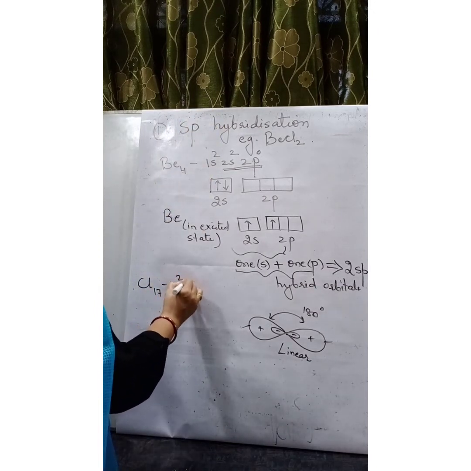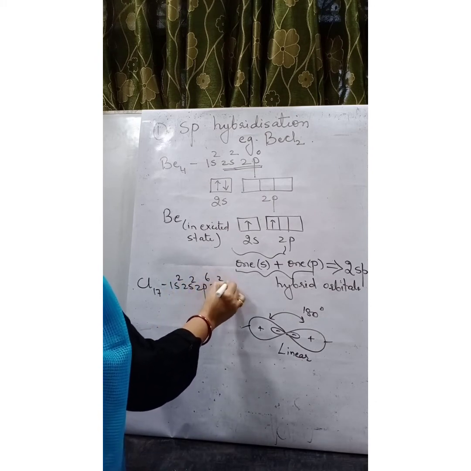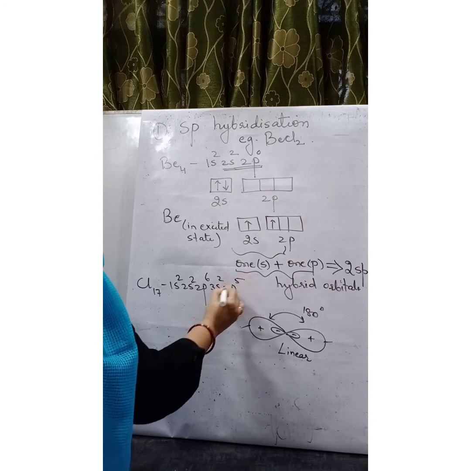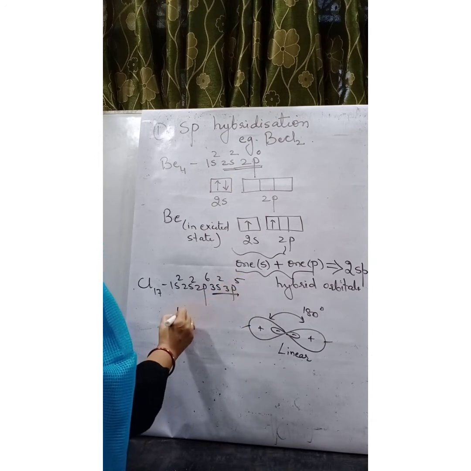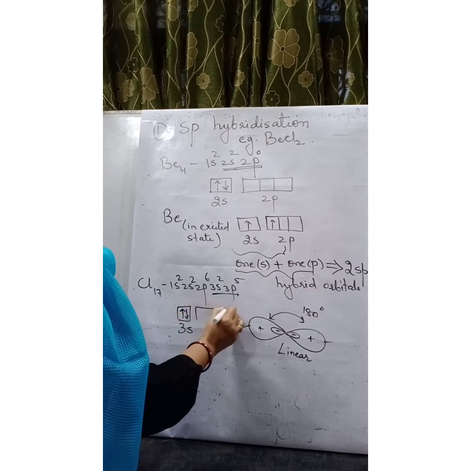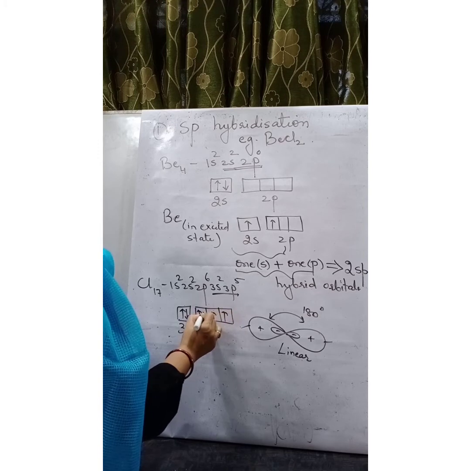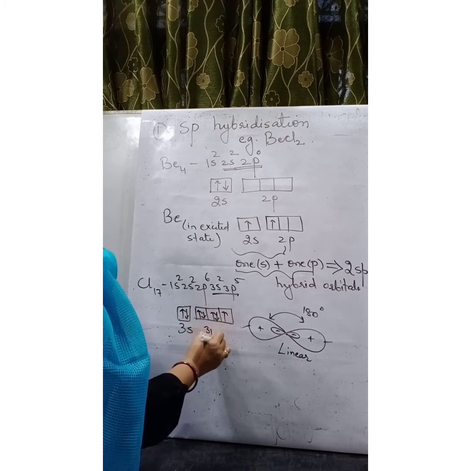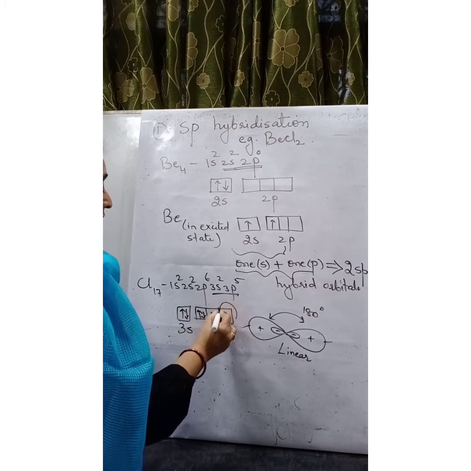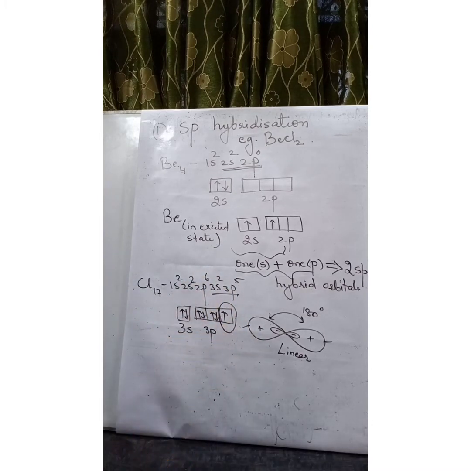Atomic number is 17: 1s2, 2s2, 2p6, 3s2, 3p5. This is the valence shell where 3s is completely filled and 3p has five electrons. There is one half-filled atomic orbital.